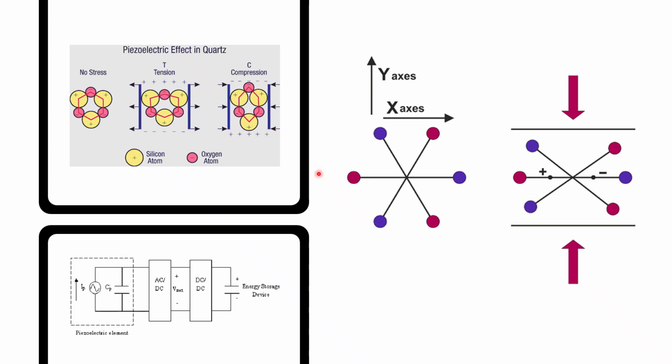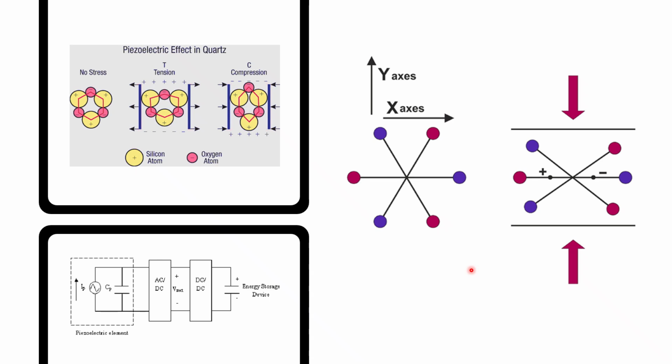This lattice change induces the formation of an electrical dipole, which in turn produces a voltage across the faces of the crystal. This voltage makes available a small amount of charge that can power an external circuit if connected, or you can just store it in a battery.